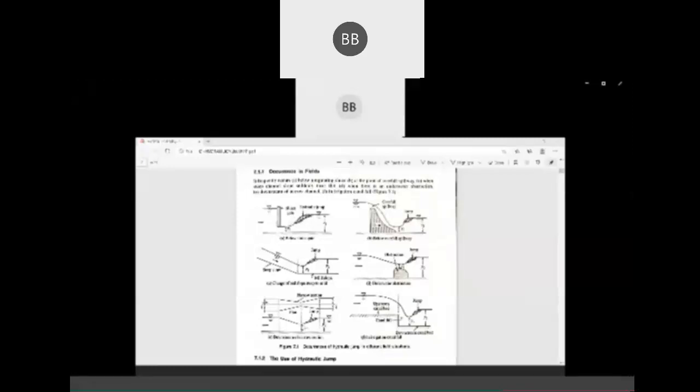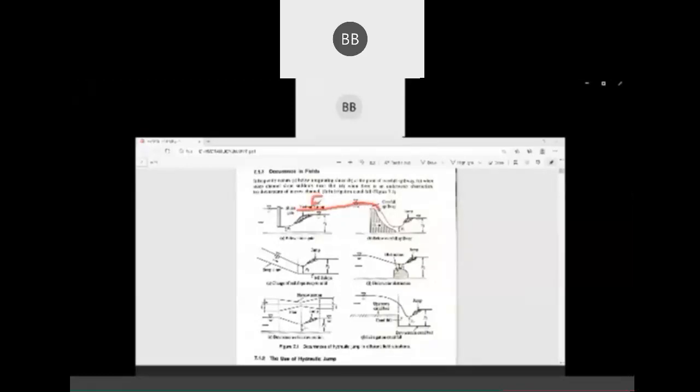Okay, so this is called hydraulic jump, or you can also say that it's a rapidly varied flow. Gradually varied flow is here, in the second figure. You can see whenever you construct a dam in upstream, the flow is gradually increasing, and afterwards it overflows.